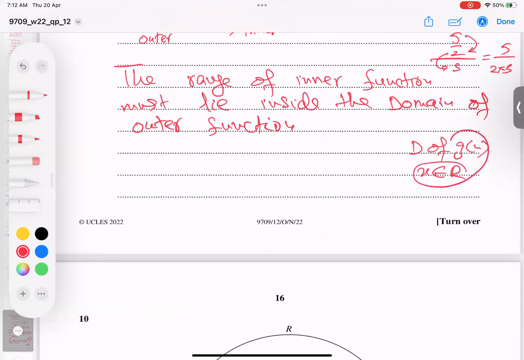When I plug in x, I get a range. The range also belongs to real numbers. How come? I tell you what real number means, because some students don't understand it. I will explain this concept. But this range must lie in the domain of function f.